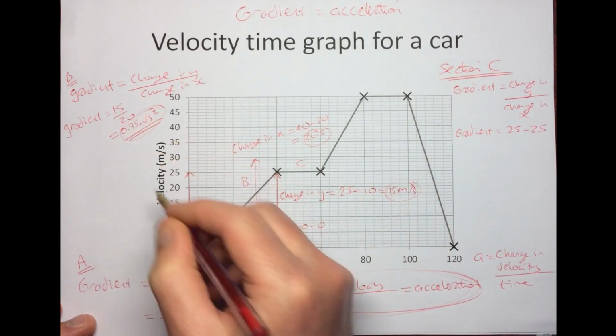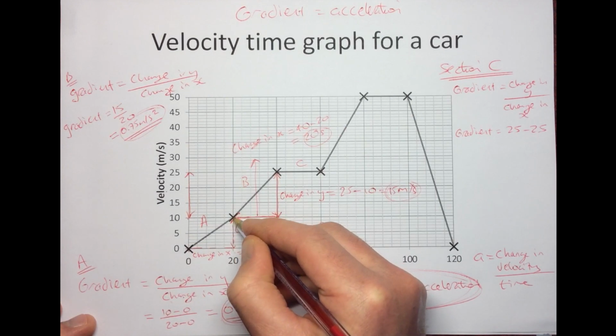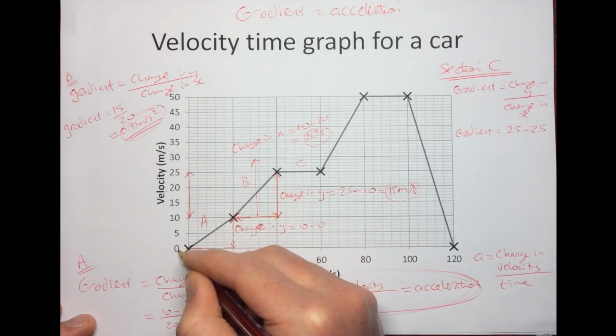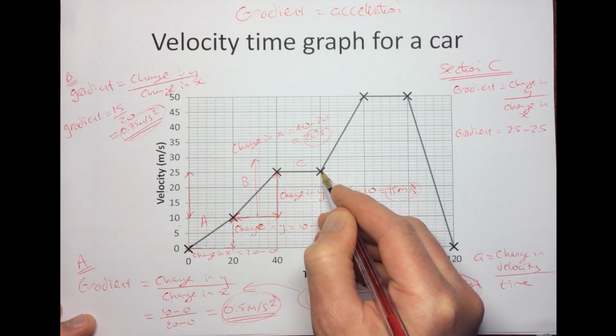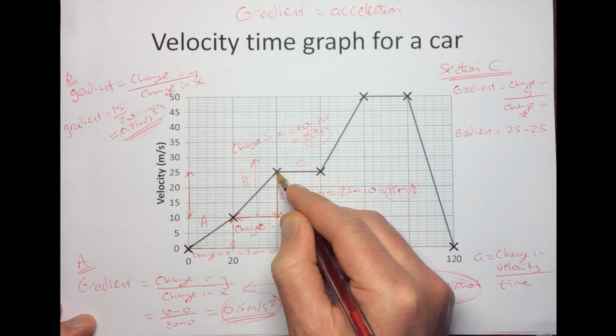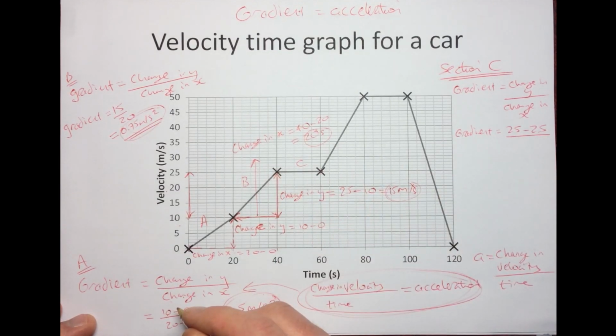The change in something is always the final value take away the initial value. So for section A, the final value of the velocity was 10 and the initial was 0, so it was 10 minus 0. Here, the final value of velocity is 25 and the initial value is 25. So 25 take away 25 is going to give you 0.